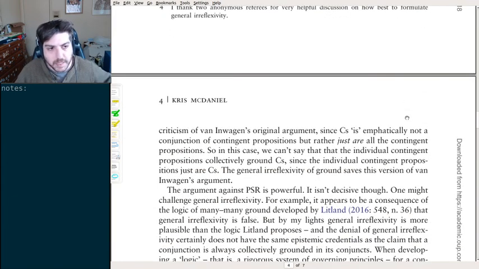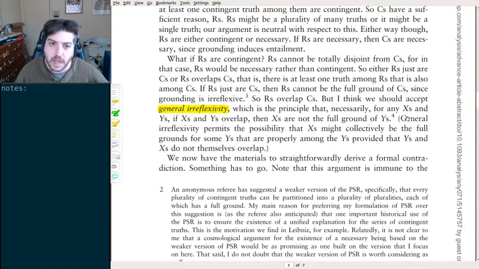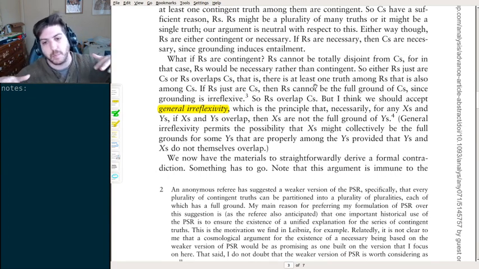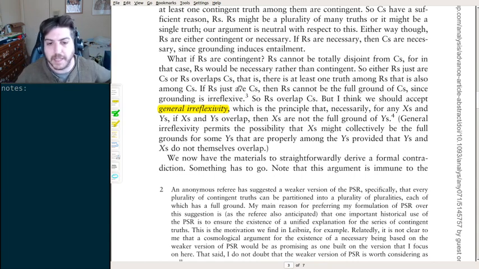It's the combination of this general irreflexivity and then this issue where necessary truths can only ground other necessary things, but contingent truths, if you have all of them, then their reasons for grounding them have to also be included with that. So that combination there is where you're getting your contradiction here.